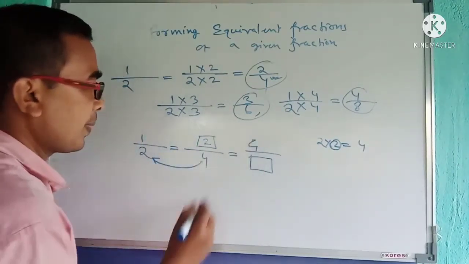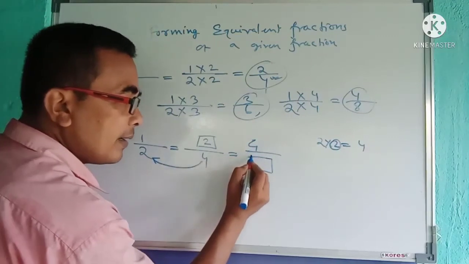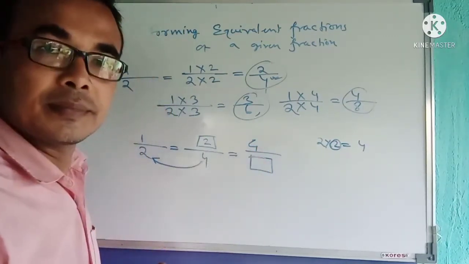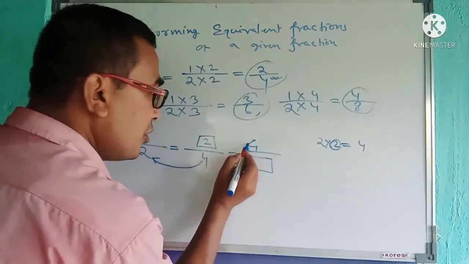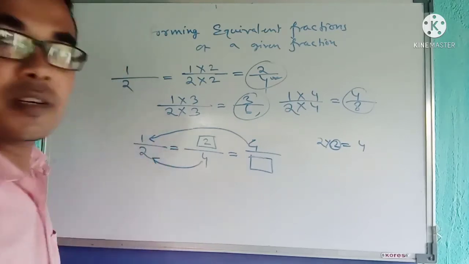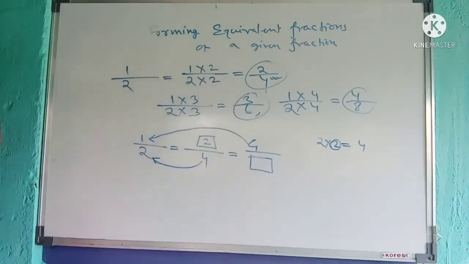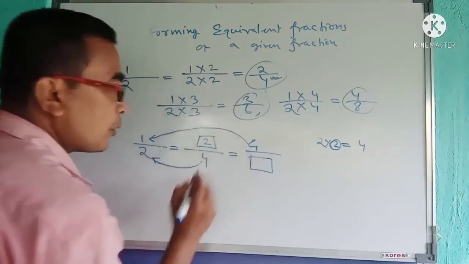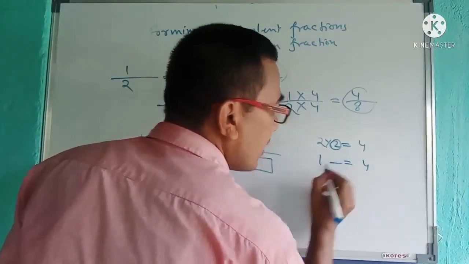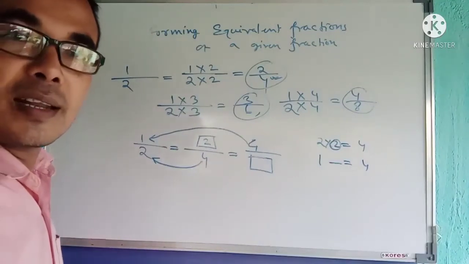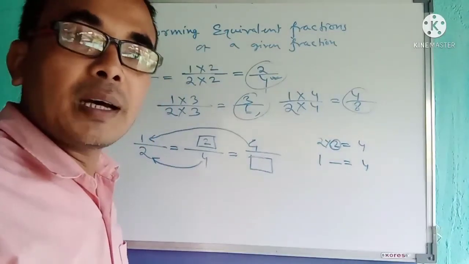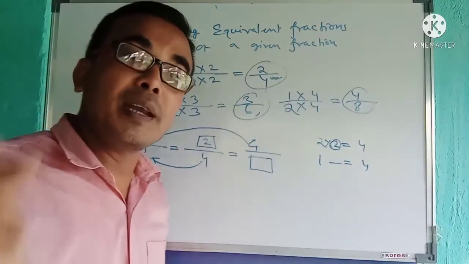Now second. In the second equivalent fraction the given part is the numerator. So you have to compare the numerator with the numerator in the original fraction. If you compare, 1 becomes 4. You have to find the operation and the number. In the equivalent rule, we have to form equivalent fractions only by dividing or multiplying.